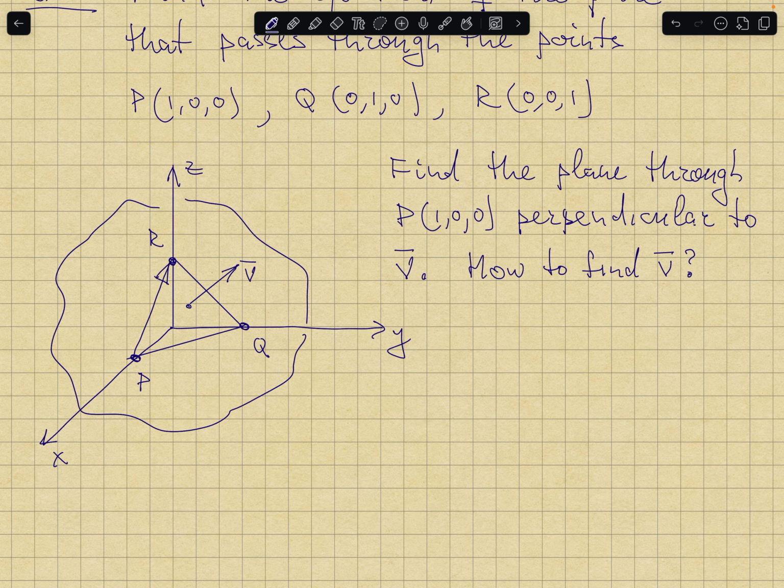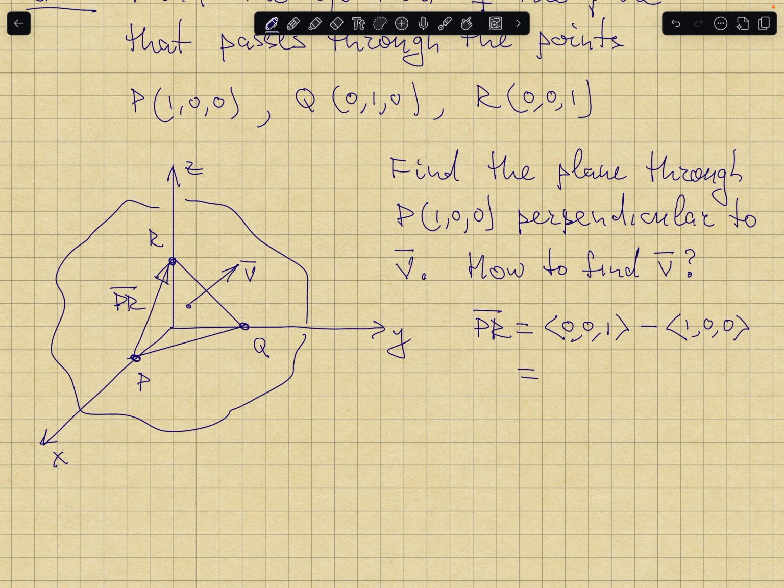I can take a vector from P to R, so a vector PR, and we discussed that I get the vector PR by subtracting: from the position vector for R, 0, 0, 1, I need to subtract the position vector for P, 1, 0, 0.